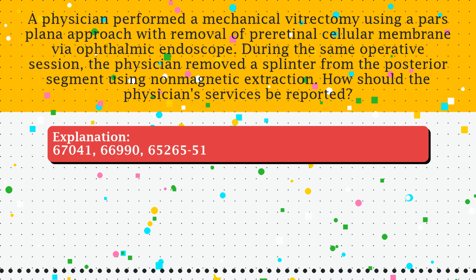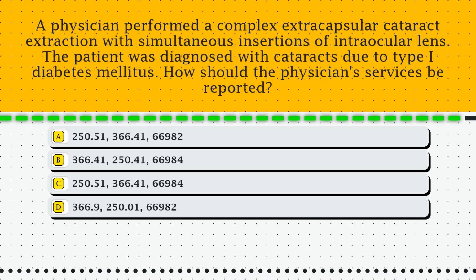Question 94. A physician performed a complex extracapsular cataract extraction with simultaneous insertions of intraocular lens. The patient was diagnosed with cataracts due to type I diabetes mellitus. How should the physician's services be reported? Option A, 250.51, 366.41, 66,982.